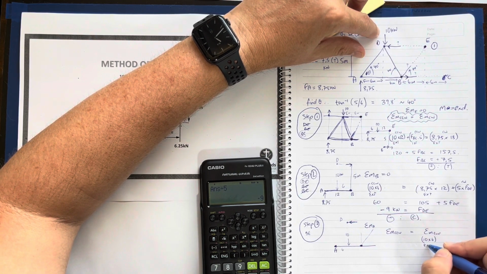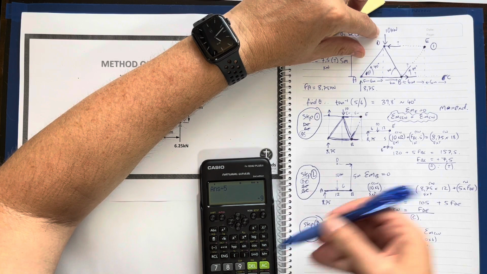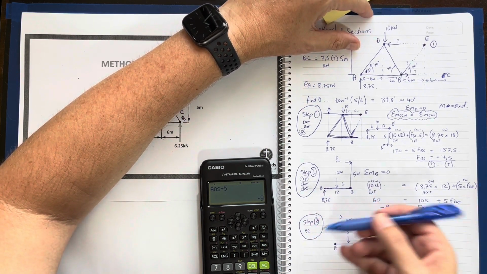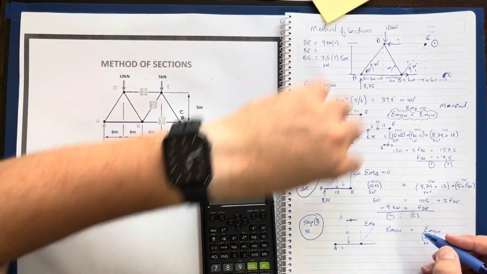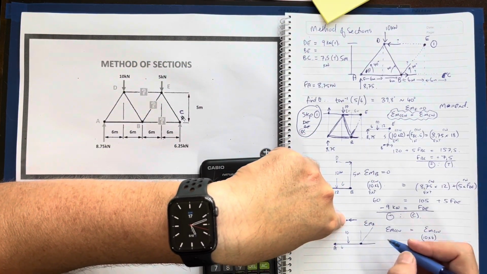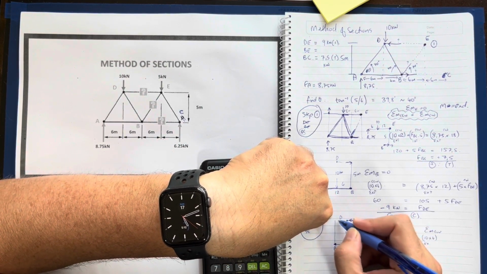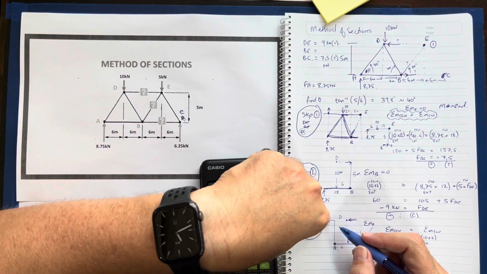So here's my one external, but it is going to cause a moment at A pushing in the counterclockwise moment or direction. So I've actually got, and how far away is it? It is over there.